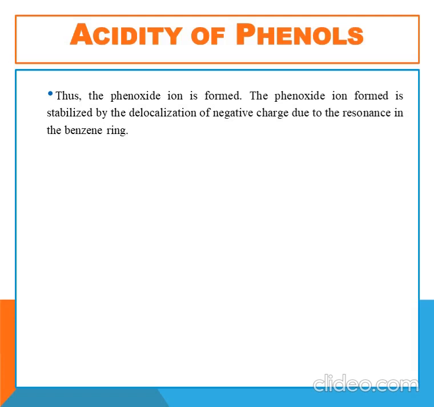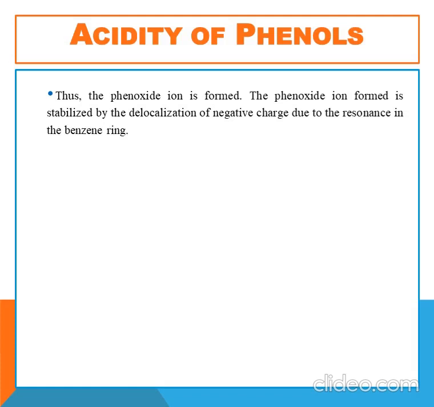So the phenoxide ion will be formed, and as a result the phenoxide ion is stabilized. Why? Because there is a delocalization of negative charge. As we have seen in the resonance, the negative charge is moving from the second position to the fourth position to the sixth position and back to the oxygen atom.